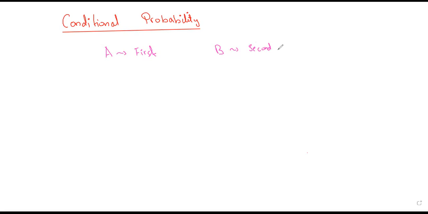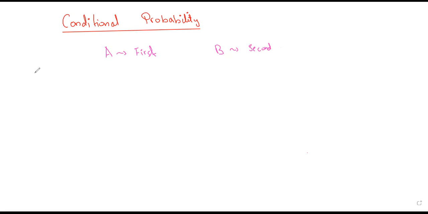Although it is not necessary that the examiner is writing it this way in your paper, because we will talk about an example where we do not have such wordings, but still that question is to be solved using the formula of conditional probability. Okay, but I'll write down the wordings which we are using.